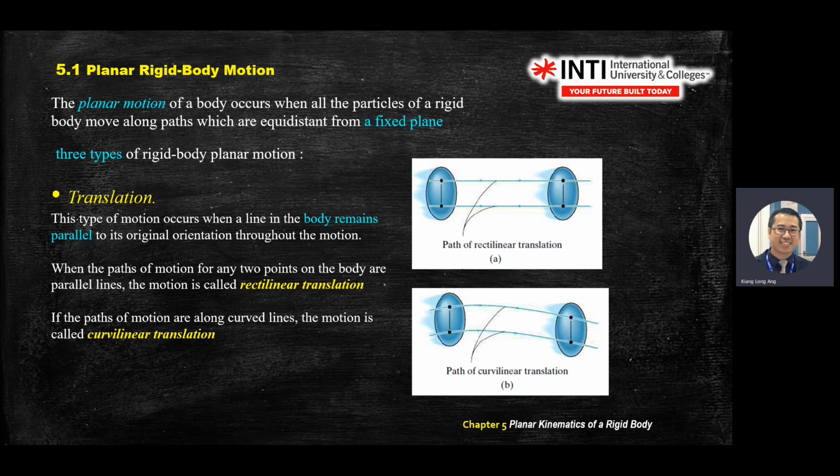So first type, translation. Translation, you have 2 types. One, rectilinear translation. You focus on the body and we look at 2 points. Previously, you only looked at 1 point, where it's particles. Now, when you enter into rigid body, you look at 2 points on the body, the cap and the end of this marker pen.